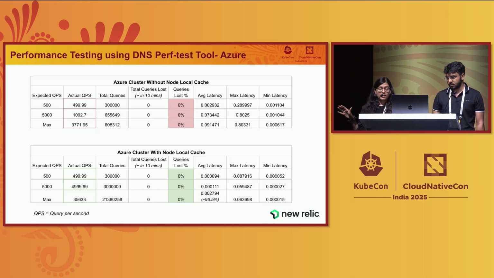Very minimal, right? And that increased at maximum QPS to 0.002. Here, we saw an overall 96.5% improvement in latency. So as a result, we concluded for Azure that though Cilium CNI was making sure that DNS was performing well, the latency improved, thus optimizing the cluster further.